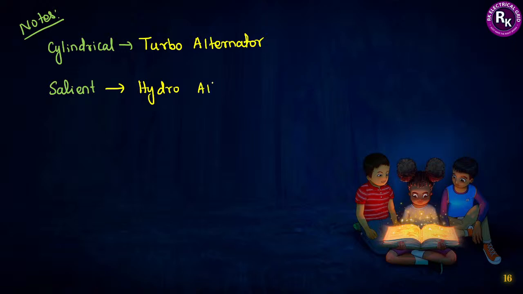Just now I have discussed. We are calling it as hydro alternator. Now, when we are talking about turbo alternator and hydro alternator, in case of hydro alternator, the value of the short circuit ratio is very high. Quite a bit, it is high. When I am talking about the turbo alternator, the value of the short circuit ratio is low. Remember these points, they are very important.